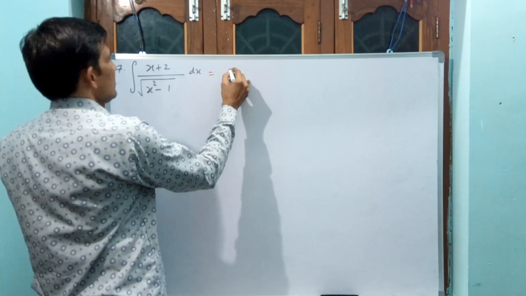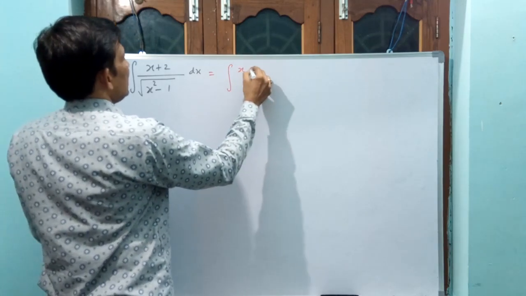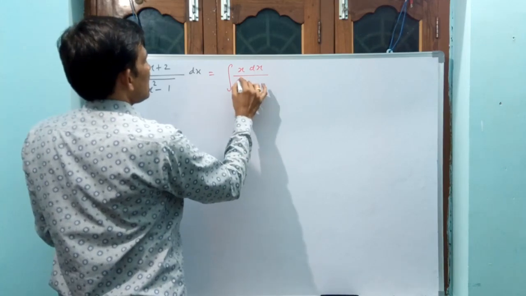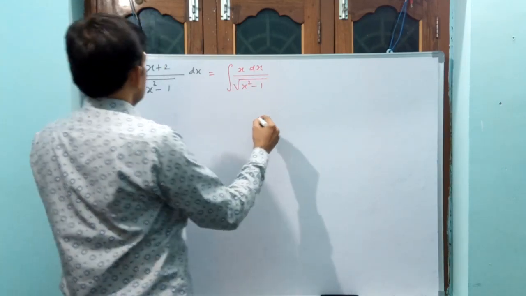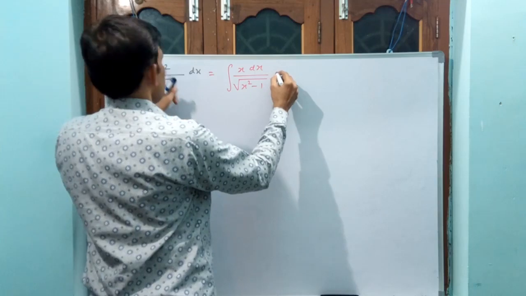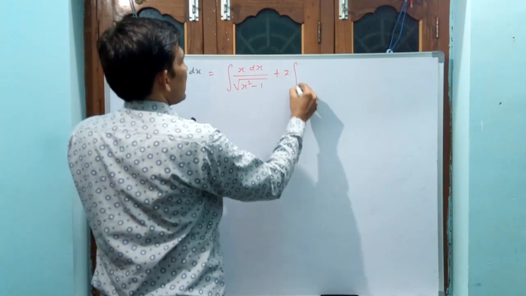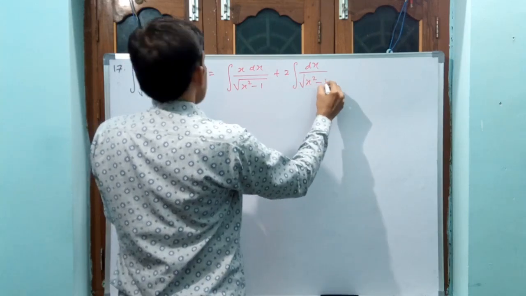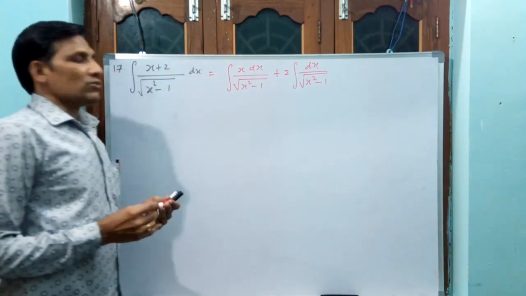You see what I am doing, how I am converting simply. That is equal to integral x dx by square root of x squared minus 1, and plus, I have taken 2 out, dx by square root of x squared minus 1. Is it okay?